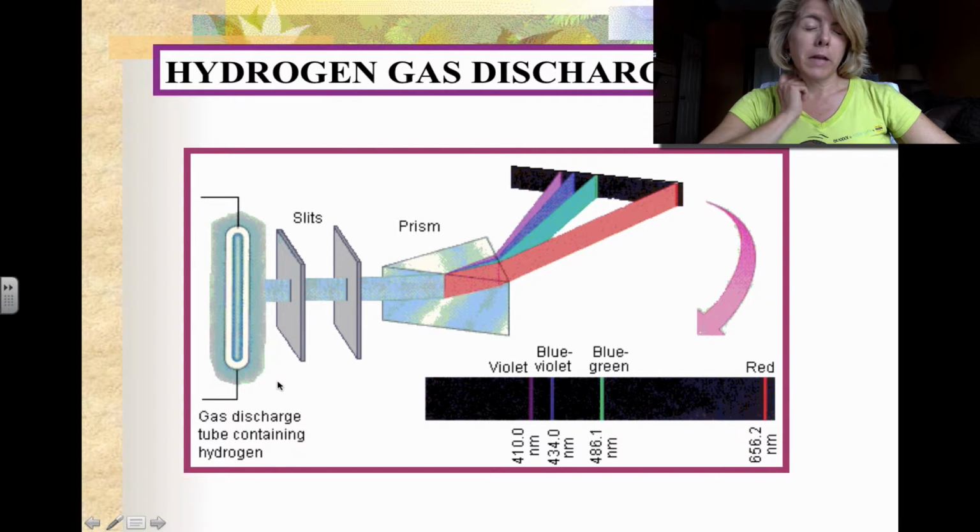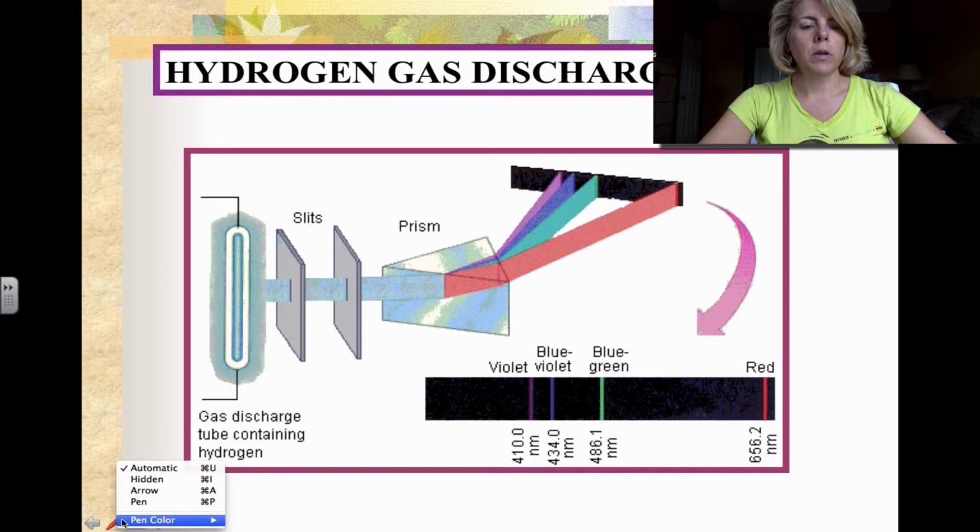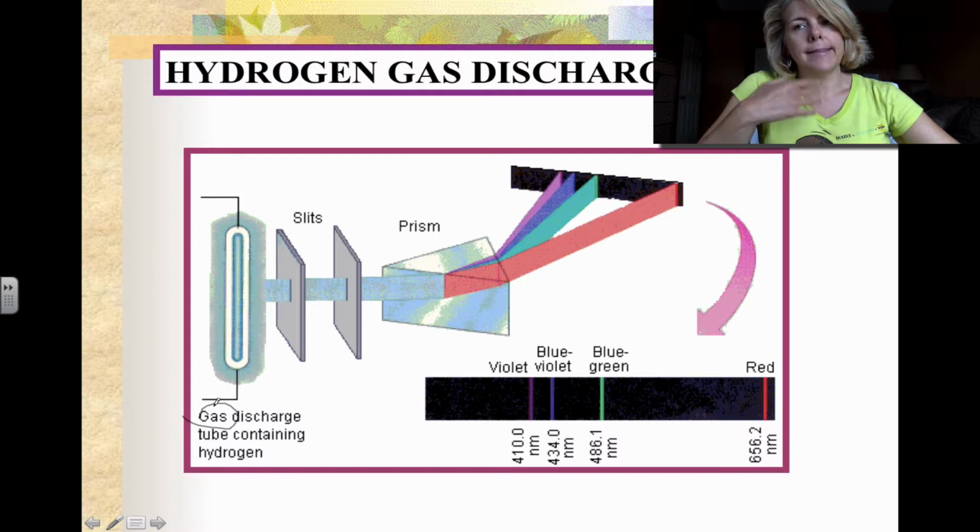So you may have done this lab, or you may not have done it yet. What essentially happens is we take a gas discharge tube. We fill a tube with gas of a specific element, and it can't contain any air, because if it does, it's not going to give us the correct wavelengths of light that we're looking for.